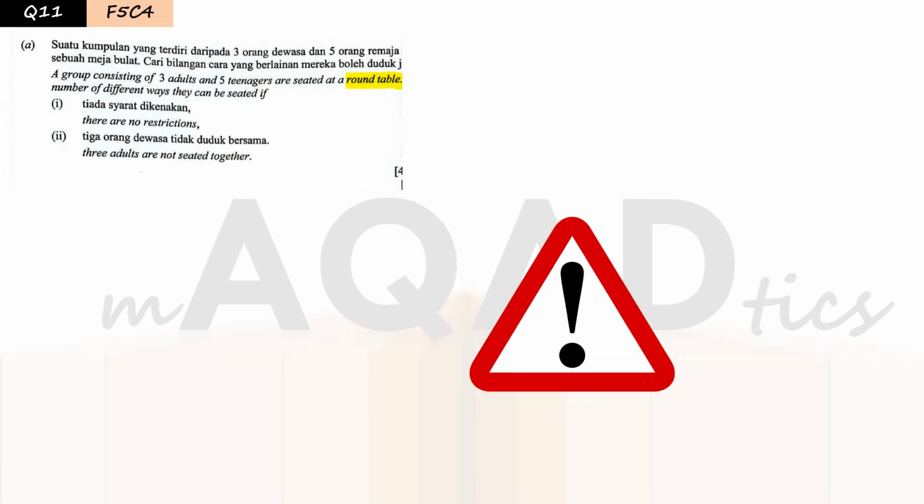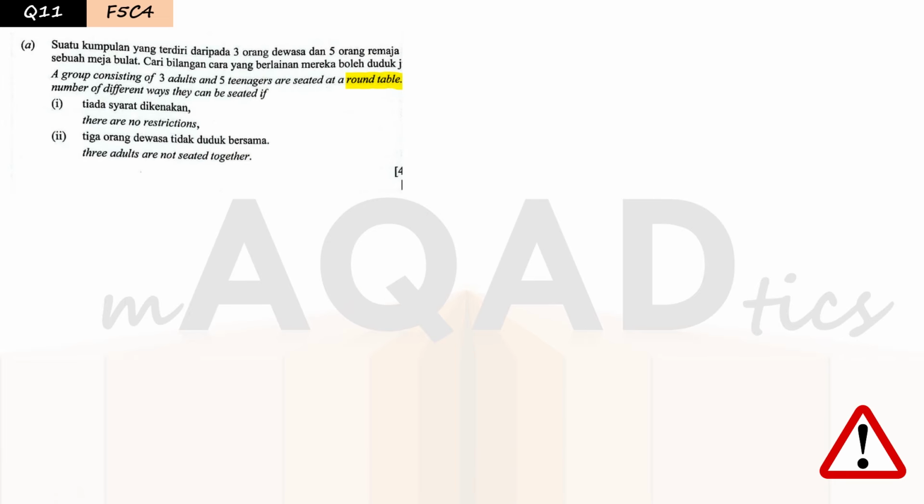For any permutation or combination question, we need to ask ourselves this main question: is this a permutation question or a combination question? I give you all 5 seconds to think about the answer. And the answer is permutation, right?